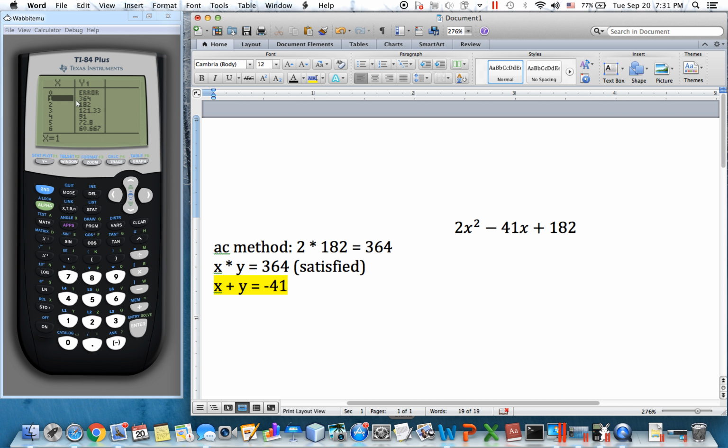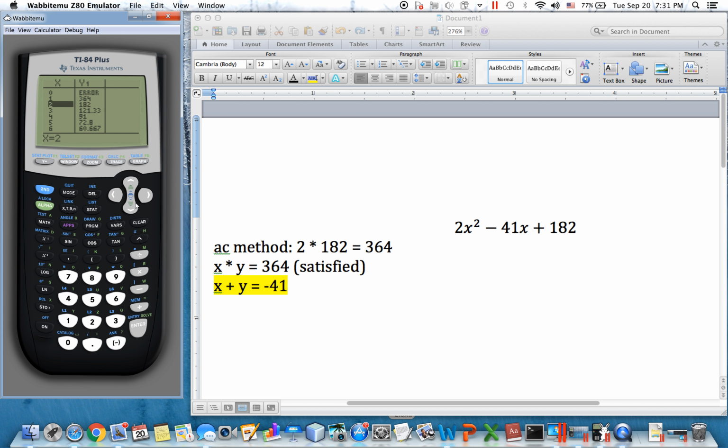Now, let's see. 1 plus 364, and remember it may have two cases, both positive or both negative. 1 plus 364 is too big to get -41, so I go down to 182. It's still too big. 91 with 4, a little bit too big.